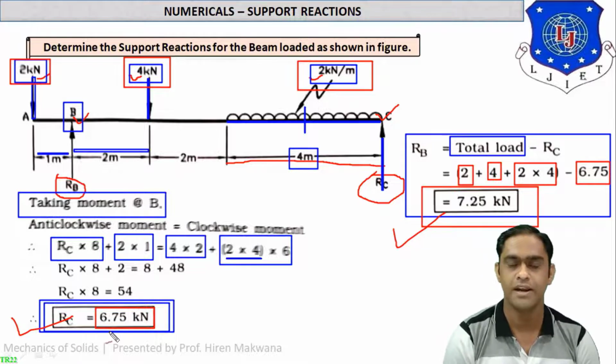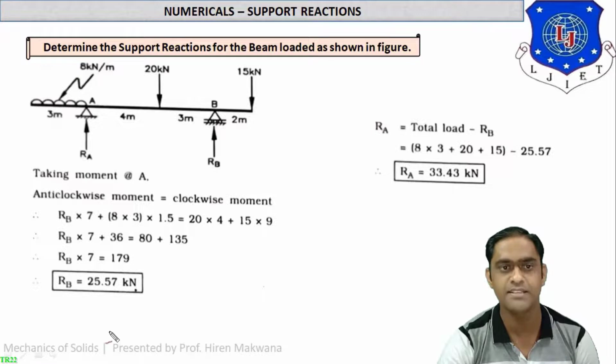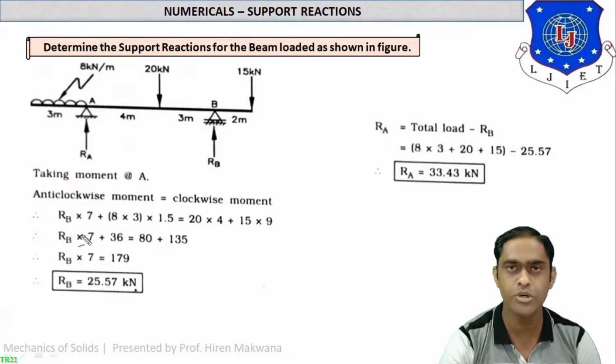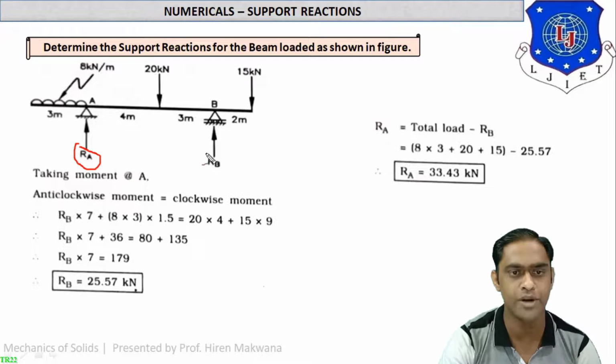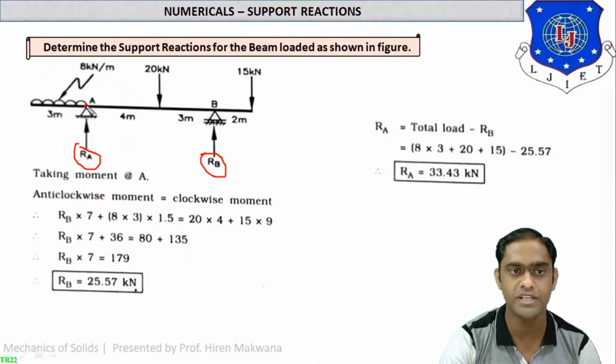Let us go ahead and see another variety. Okay, let's see another example. The same method is used here. No horizontal, no inclined forces, only two vertical reactions are present. As you can see, the supports are at point A and point B, but this beam is overhanging from both sides. The left support is at point A, so we have to take the moment at point A. B is the roller support, but it doesn't matter in this case.